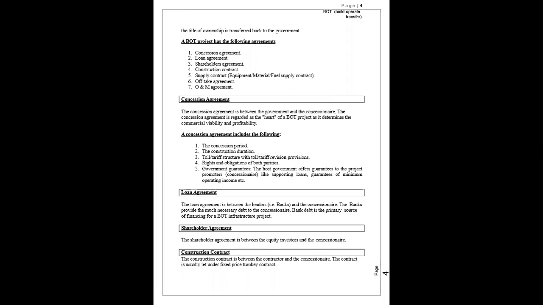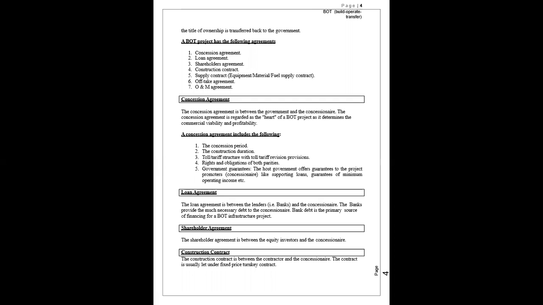And from that project, whatever the profit will be, that profit is distributed between these three parties, the two investors and the concessionaire company. As they have made an investment of 25% of the total, 25% profit is given to that investor, 25% profit to the other investor, and that company owns only 50% of the profit.